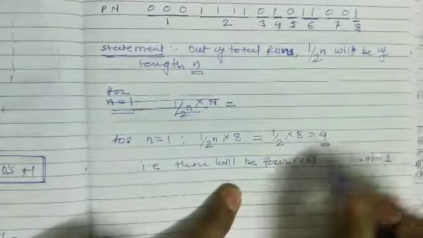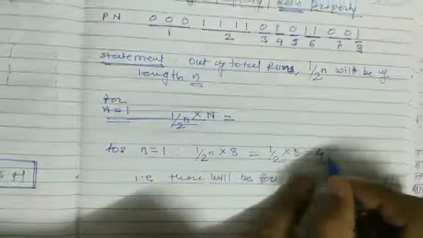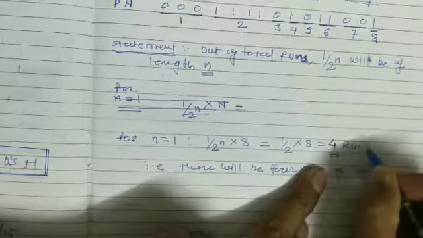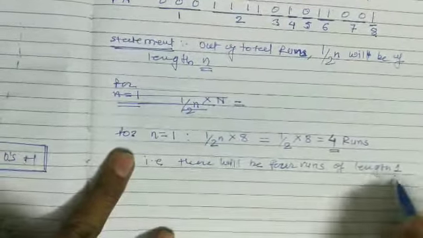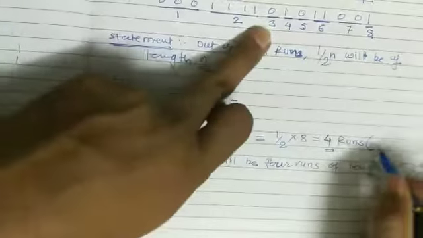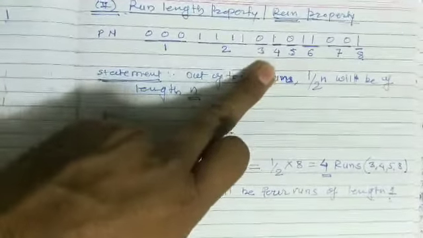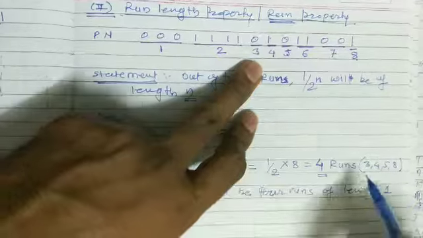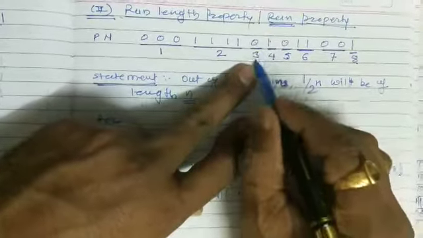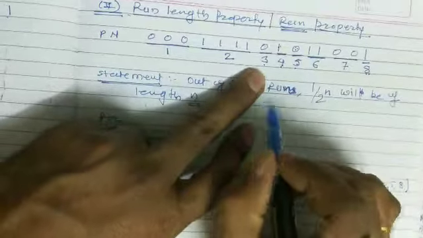They are of length 1, and the total number of such runs is 4. So these are the runs having length 1, that is 3, 4, 5 and 8, all having single zeros or single ones.